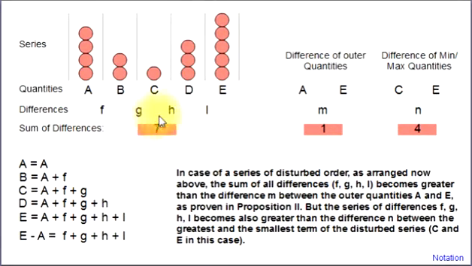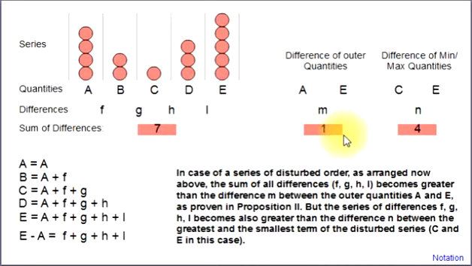Here you see the sum of all differences, in this particular case being 7. And the difference between the outer quantities A and E, which we call M, is in this case 1, because A has a quantity of 4 and E has a quantity of 5. So the difference between the two is 1. And you see already that the sum of differences F, G, H, L is larger than the difference of the outer quantities.